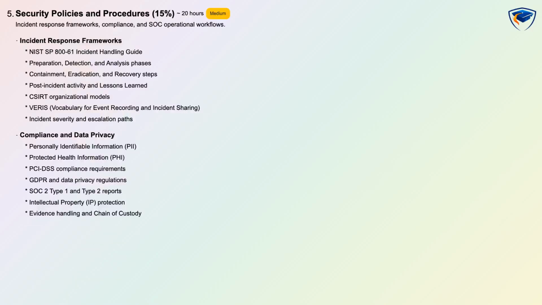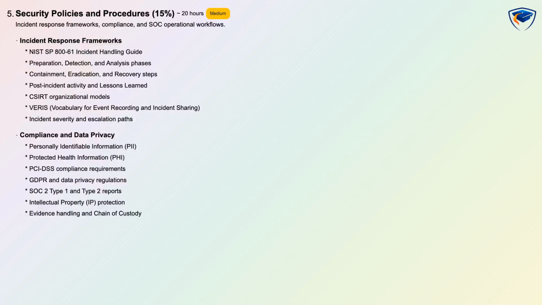Security policies and procedures, 15%, covers incident response frameworks, compliance, and SOC workflows, rated medium with an estimated 20 hours of study and both conceptual and scenario-based assessment. You will study NIST SP 800-61 and the incident life cycle from preparation and detection through containment, eradication, recovery, and lessons learned, plus CSIRT models, VERIS, incident severity, and escalation paths.